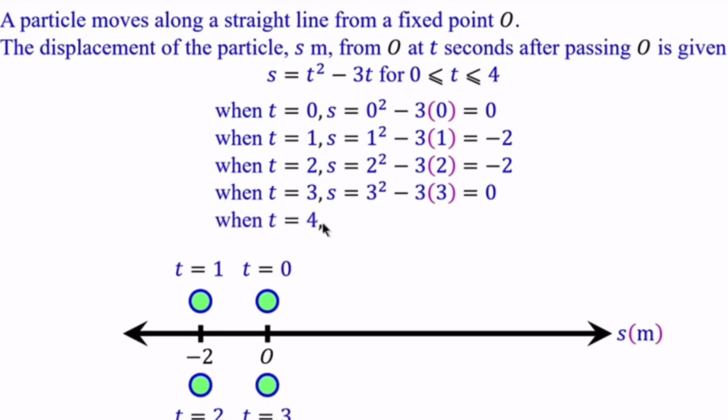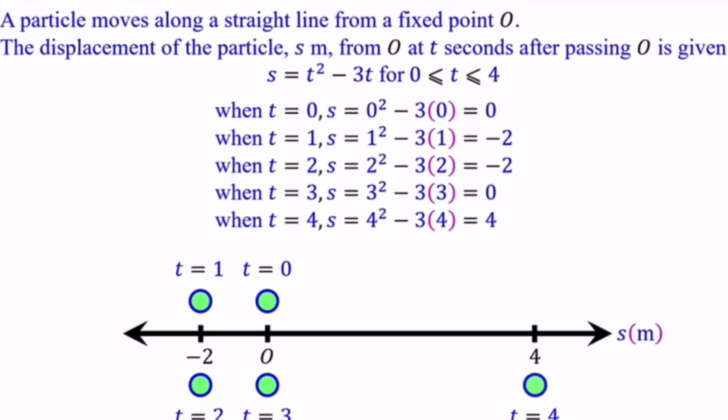When we check the displacement, we know how to trace the position of the particle. At t equals 4, the position is 4 meters. Now it is moving to the right, 4 meters from the fixed point O. When we get a positive value for the displacement, it means the particle is moving to the right.